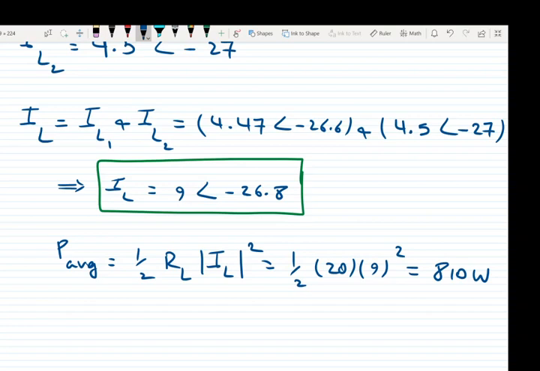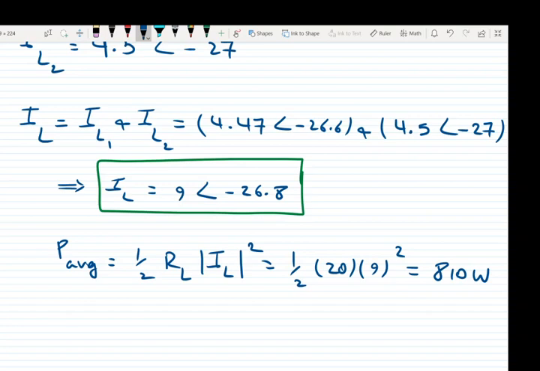So now that we can calculate the average power in a load, it's time to see what is the maximum power available to a load in sinusoidal steady state circuits. In DC circuits, we know that the maximum power is V Thevenin square over 4R Thevenin.